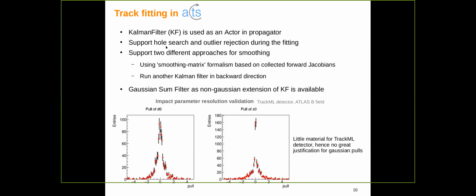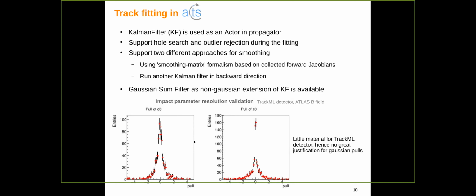And the Kalman filter in ACTS now supports the hole search and the outlier rejection. And we also have a different approach for the smoothing with either the smoothing matrix formalism or using the backward propagation approach. And we also have the Gaussian sum extension for this.